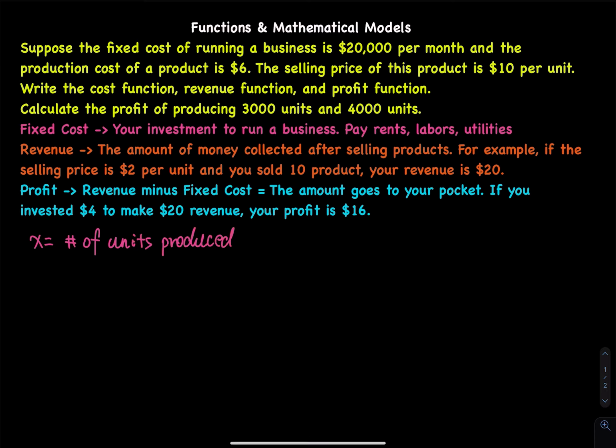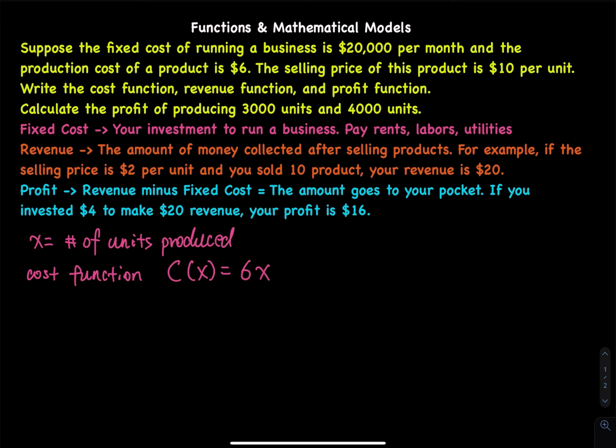And then let's call that a cost function. Since cost starts with a C, I'm going to call that C of X. So C of X equals the number of units produced, which is X, times how much you have to pay for each unit produced. The answer is $6, so you have to use 6x.